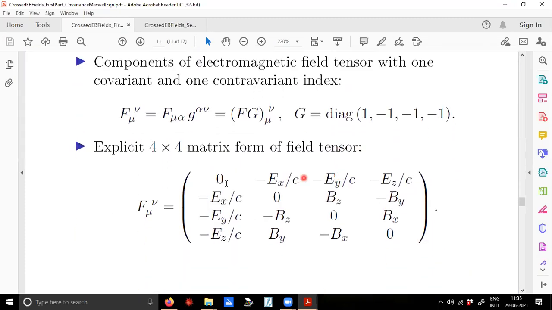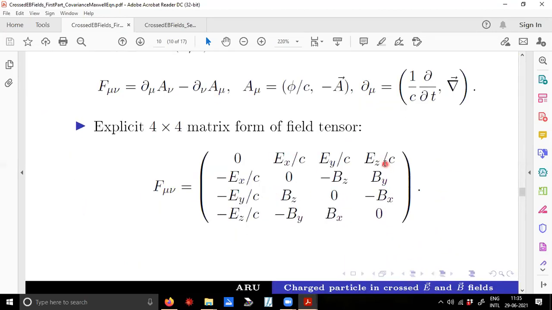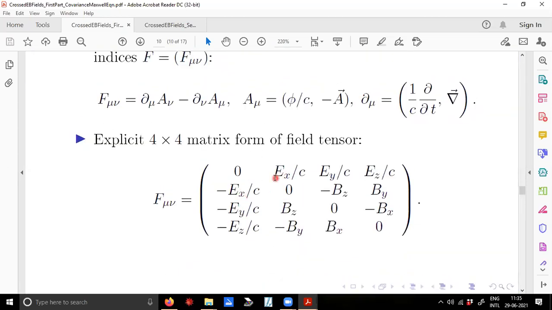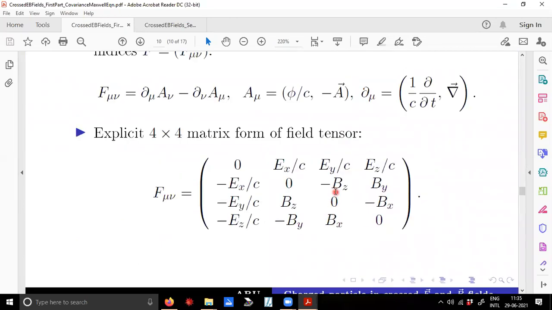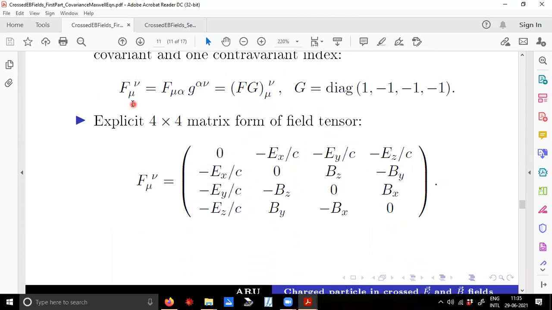So you will find the explicit 4x4 matrix form for the field tensor by doing this exercise, F into G. This is special relativity notation. Once I do this, what was electric field becomes minus electric field. Electric field changes sign and magnetic field changes sign again. Minus Bz becomes a plus Bz, etc., in this kind of format.